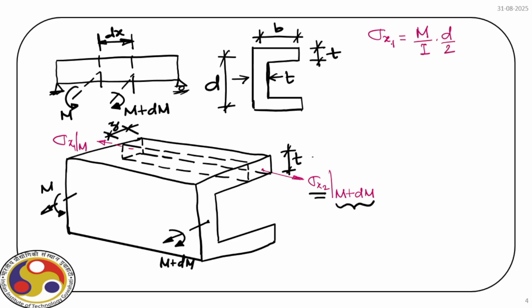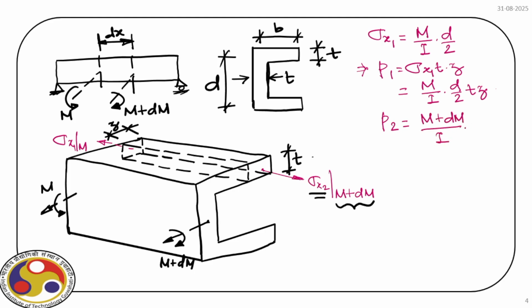And if we multiply both sides with the cross-sectional area, which is T times Z, then effectively we get the force, say P1, is equal to sigma x1 times T times Z. So what we have is M by I times d by 2 times T times Z. Similarly, we have P2 is equal to M plus dM divided by I times d by 2 times Tz.